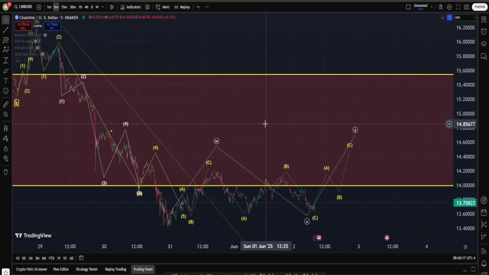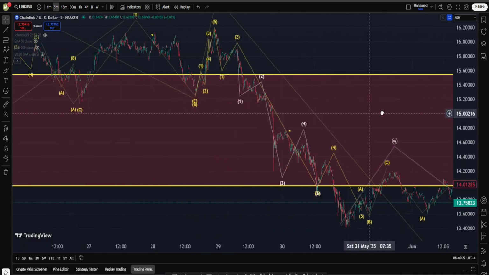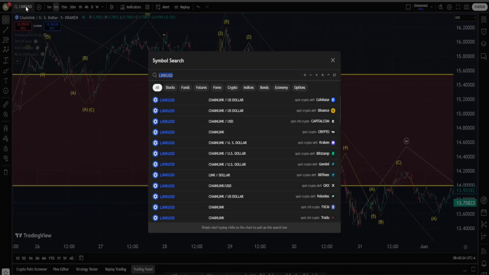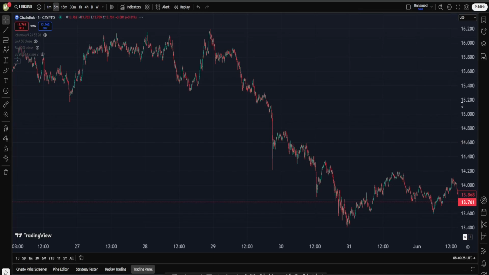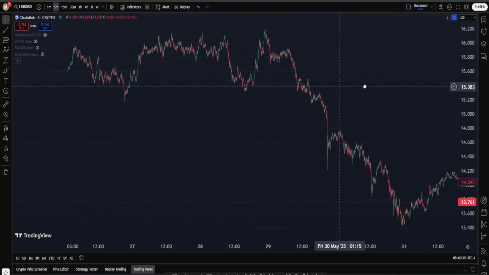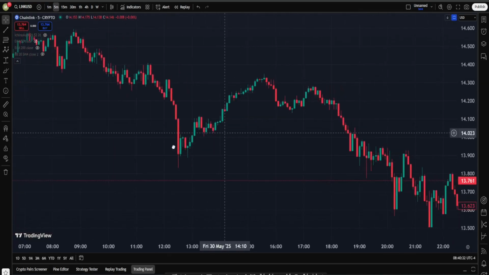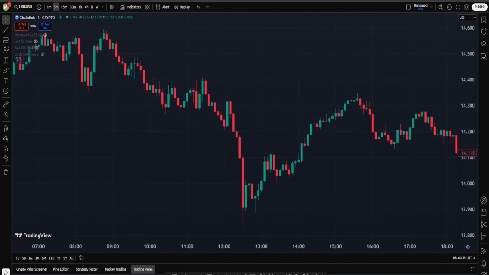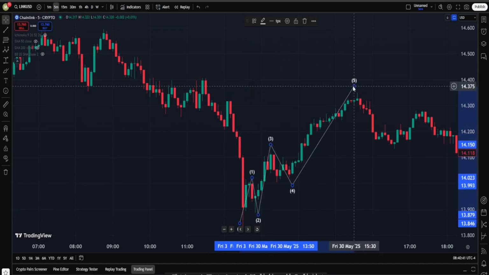So according to my primary scenario, this most likely is going to be a correction structure. Now, the question is on what degree this correction actually might be. Here is what I have in my mind, and in order to count the subwaves, I think we need to go on this chart, because on Kraken we really do not have good looking candlesticks. So I need you to pay attention to this specific move on the upside. And am I alone to think this might be a 1, 2, 3, 4, 5?